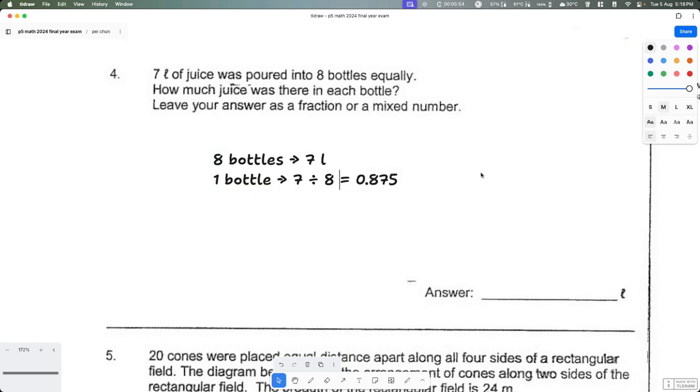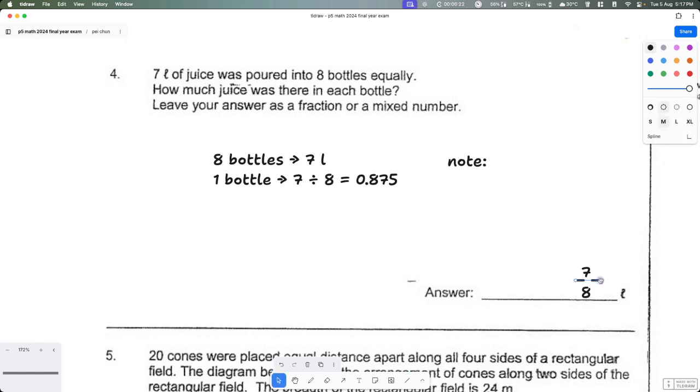Note, leave your answer as a fraction, so it's 7 liters shared among 8 bottles. Basically, can I just put 7 over 8? Oh yes, I can. 7 over 8. Okay, that's all.